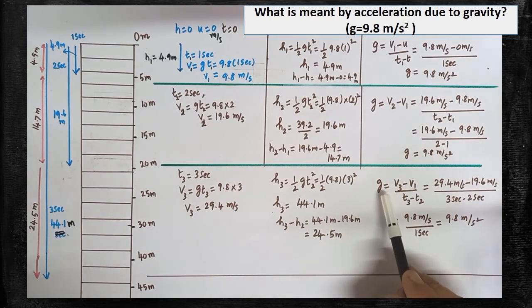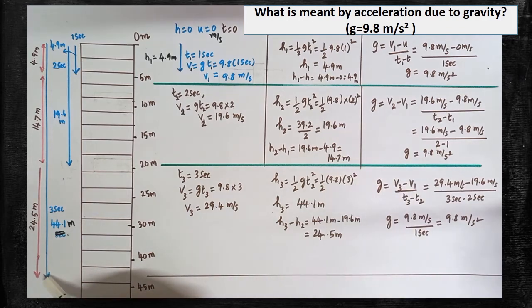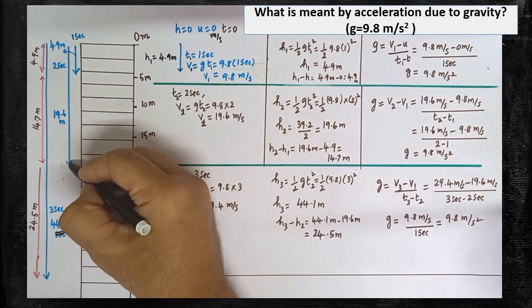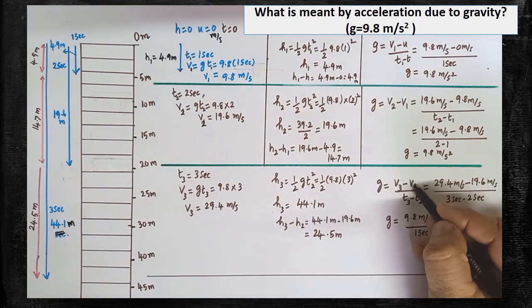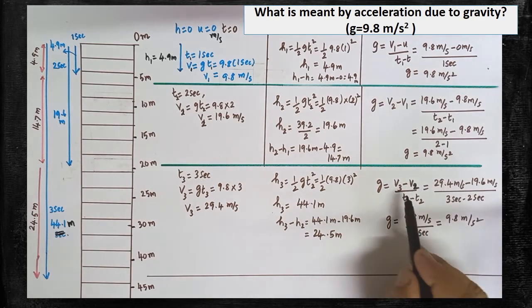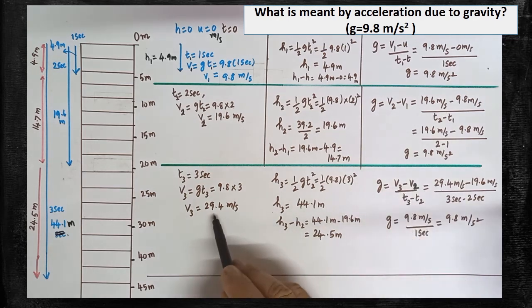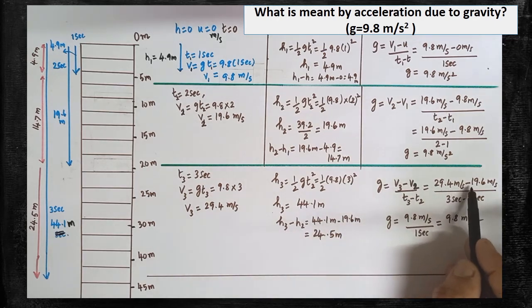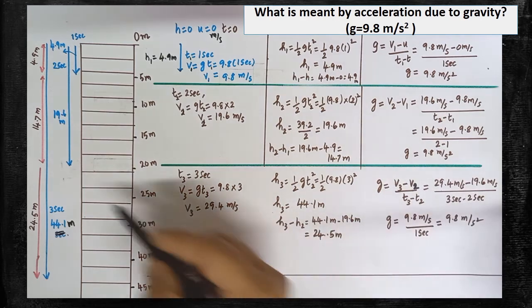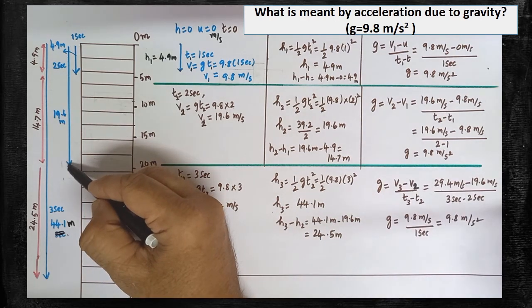Again, you calculate the g value. G value is final velocity, at that point the final velocity is v3. And here, at that point, this final velocity should be taken as v2. So g is v3 minus v2 divided by t3 minus t2. The v3 value is known, 29.4 meter per second, minus the initial velocity after 2 seconds.